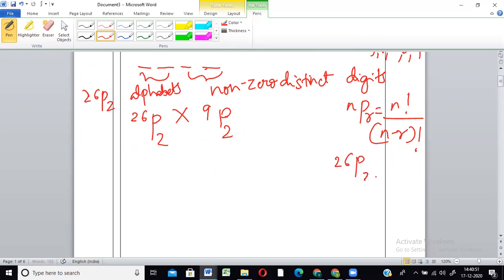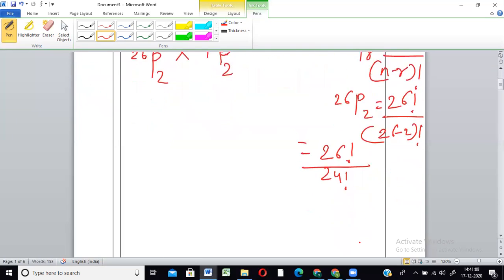26 P2 is nothing but 26 factorial upon 26 minus 2 factorial. What is 26 minus 2? It is nothing but 24. So here we get 26 factorial upon 24 factorial. Then we're going to solve this. Factorial is always written as 26 into 25 into so on and so forth, but I'm not going to write more.